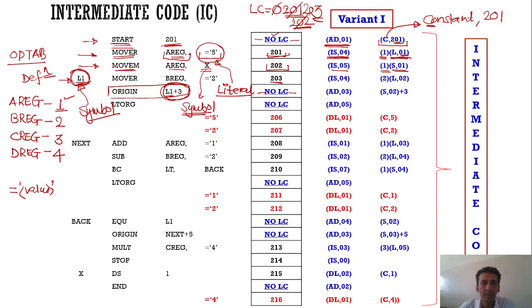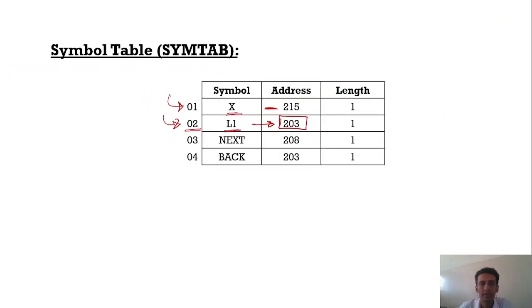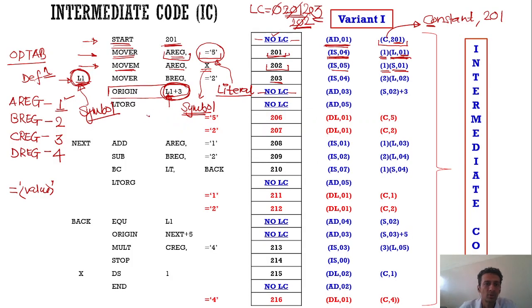Referring to the symbol table, we will get the address of L1 as 203. So 203 plus 3, the result of this expression is 206. So our LC will be changed to 206.